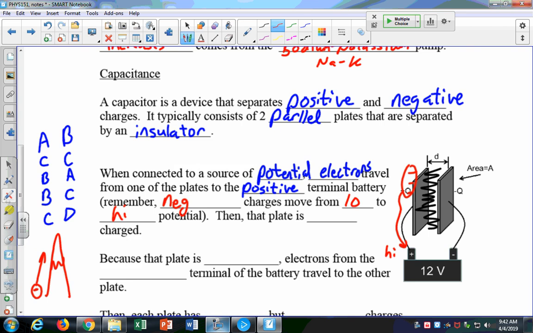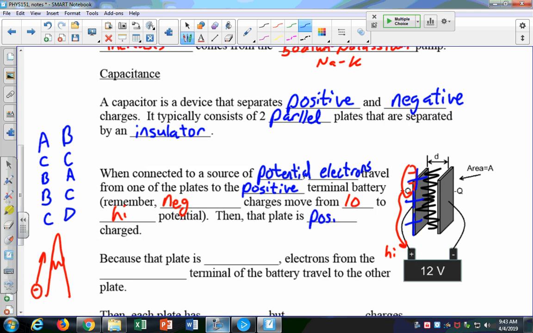That's how I make positively charged objects, not by putting protons onto them, but by taking away electrons. Because it turns out protons are pretty hard to move around, because they're tightly bound up in their nuclei. So when I take away those electrons, this side is going to be really positively charged. So that plate is positively charged.